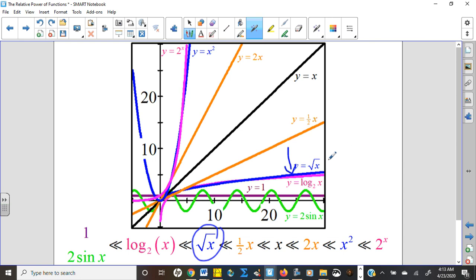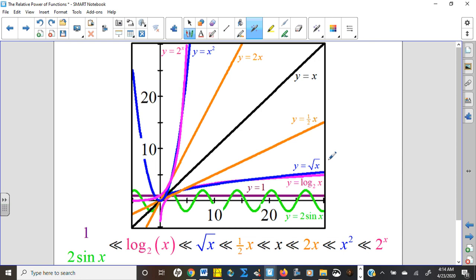The relative strength or weakness of these functions becomes apparent as you start looking further out to see what they are doing, how they are bending. The functions that are in the same color are inverse functions. So 2x and 1/2 x are inverses of each other, x squared and root x are inverses, and so they have the inverse growth.